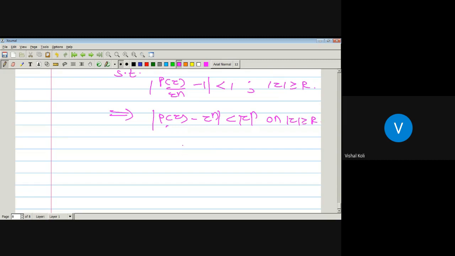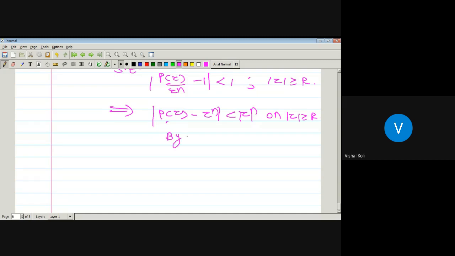Then by corollary 1, as modulus of p of z minus z raised to n is less than modulus of z raised to n, and we know that every polynomial function is an entire function, so these will be analytic, and modulus of f plus g is less than modulus of f, then both the functions f plus g and f have the same number of zeros inside the curve gamma, which is the first corollary of Rouché's theorem.